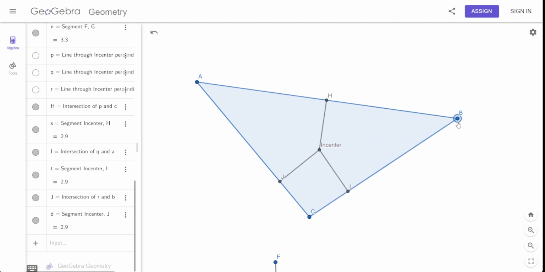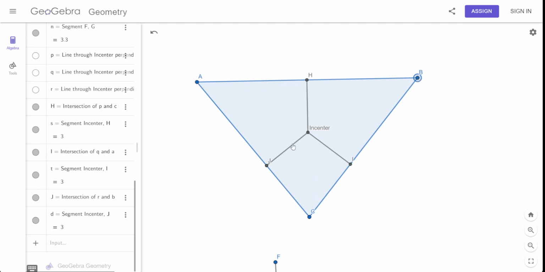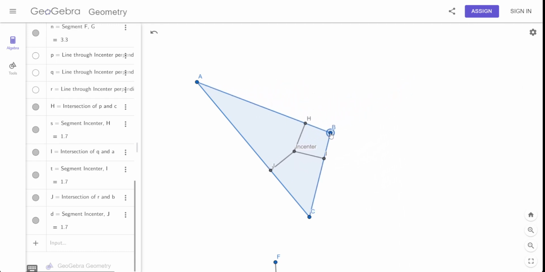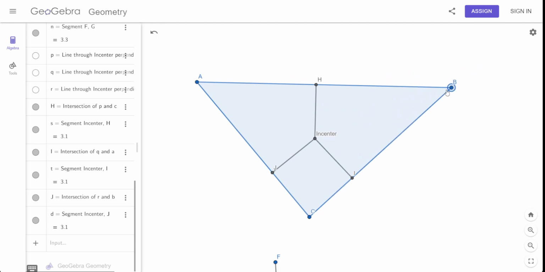Now watch, if I move this around, notice, do all three of those distances look like they change? If one gets smaller, does just one get smaller and the rest stay the same? No, they all stay the same. If this gets bigger, then all three of them get bigger, right?